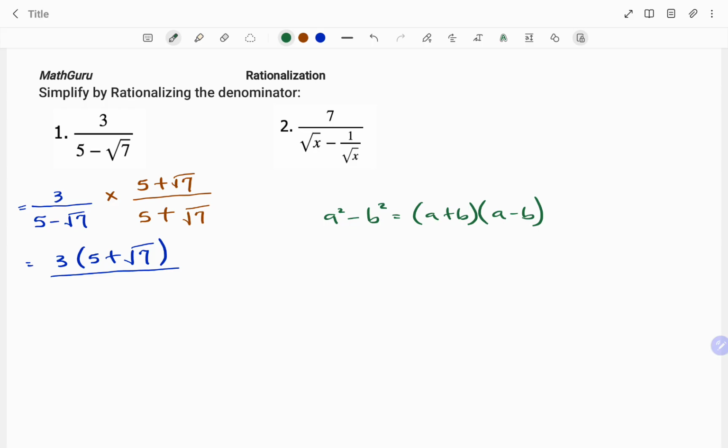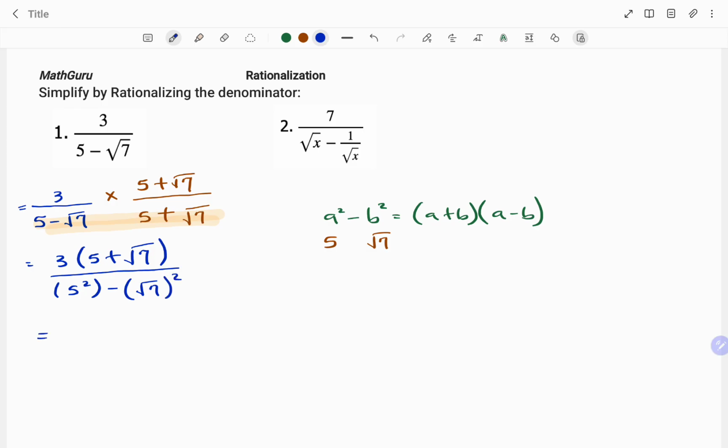So using that concept for my denominator, my a in this case will be my 5, and then my b will be root 7. So to simplify my denominator, that's going to be a, that's 5 squared, minus b, root of 7 all squared.